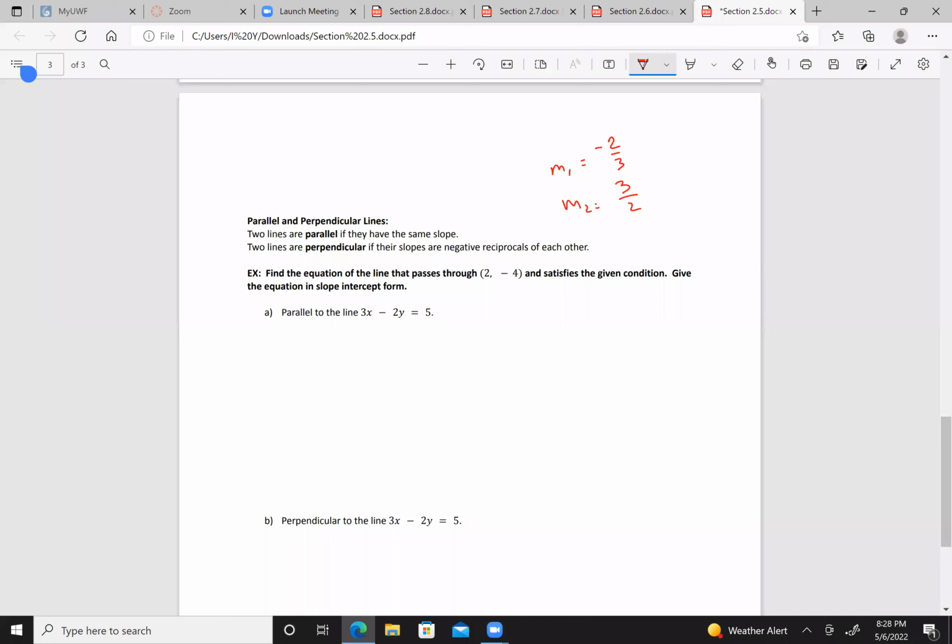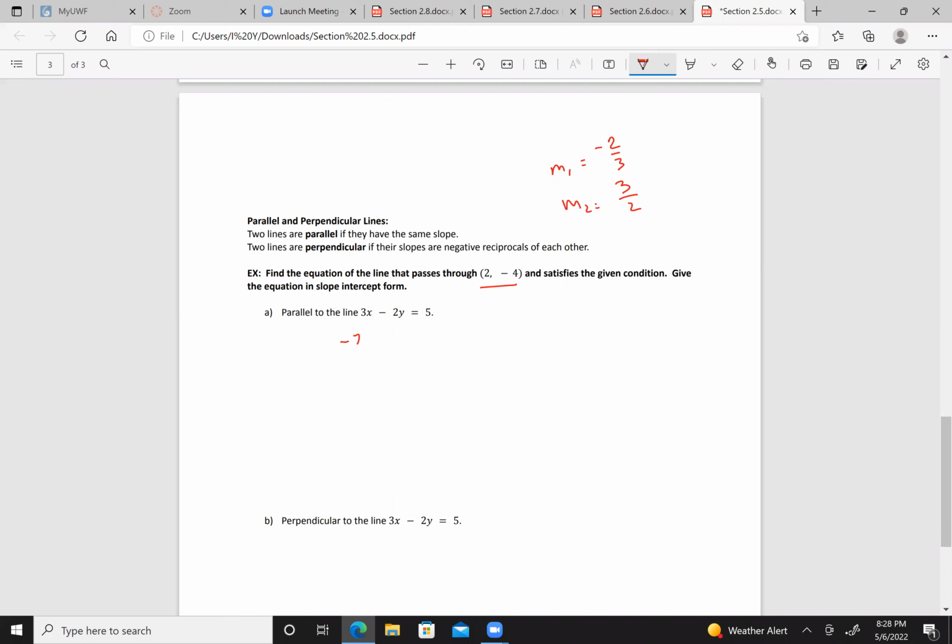So find the equation of a line that passes through (2, -4) and satisfies the given condition. Give the equation in slope-intercept form. So I want a line parallel to the line 3x minus 2y equals 5. I have a point. I need a slope. So we need to solve for y.